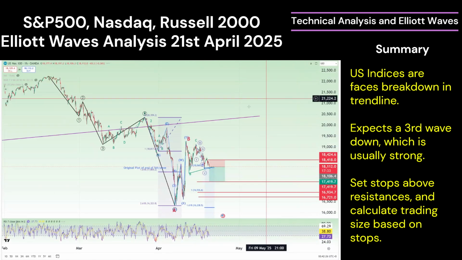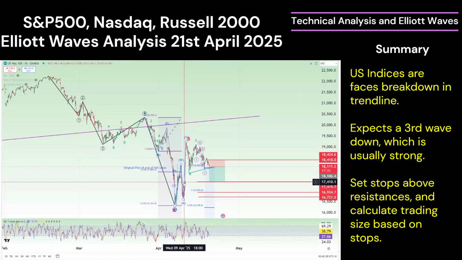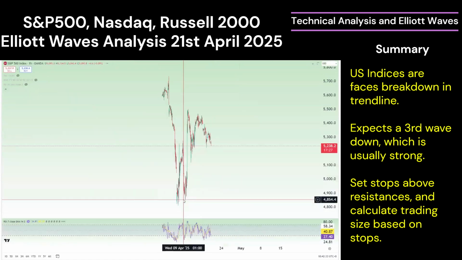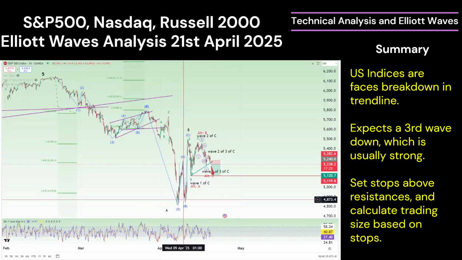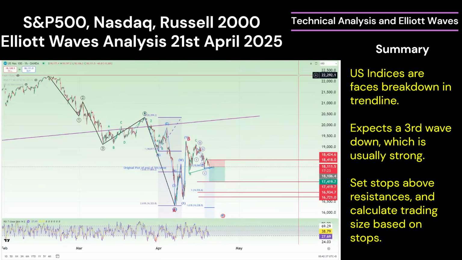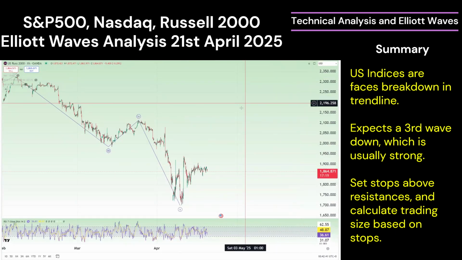But for the S&P 500 and Nasdaq, they did not make a new low, which is why there's a slight difference in the wave count. So you can either change the S&P 500 and Nasdaq, or you can change the Russell 2000.